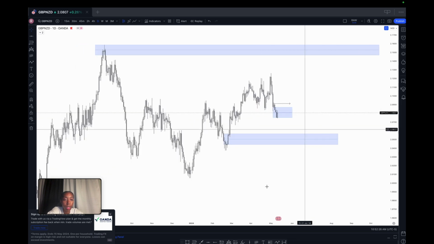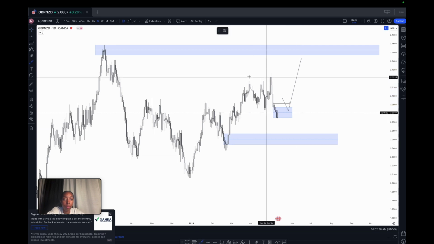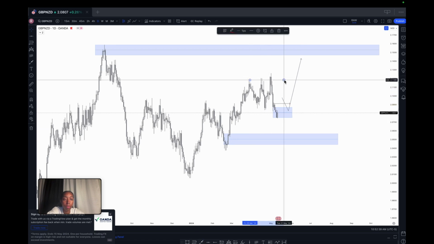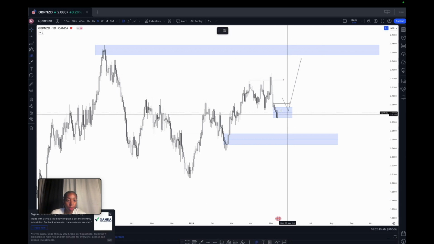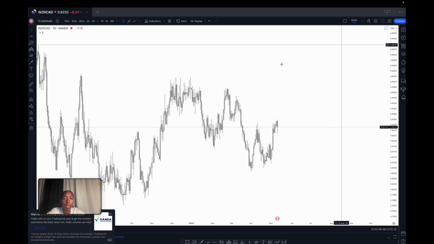So let's just wait to see. What we need is a break back above, retest, TP1, TP2. Okay, and then if there's a drop from this point, it's going down here. Now, our last one would be NZDCAD.